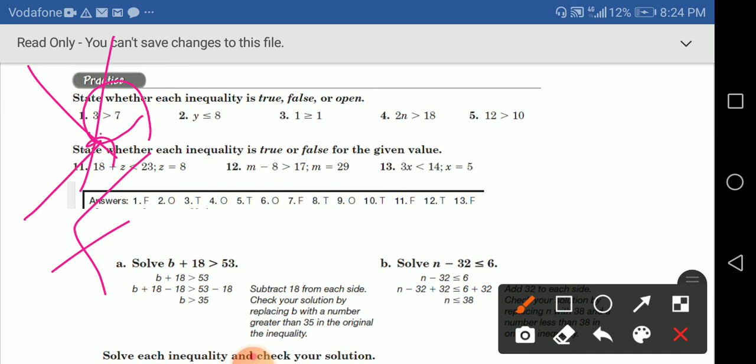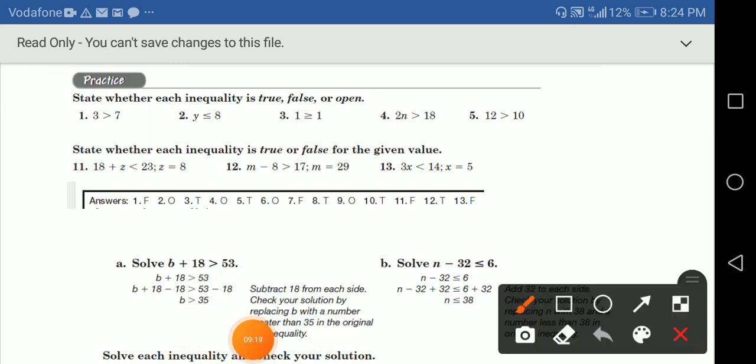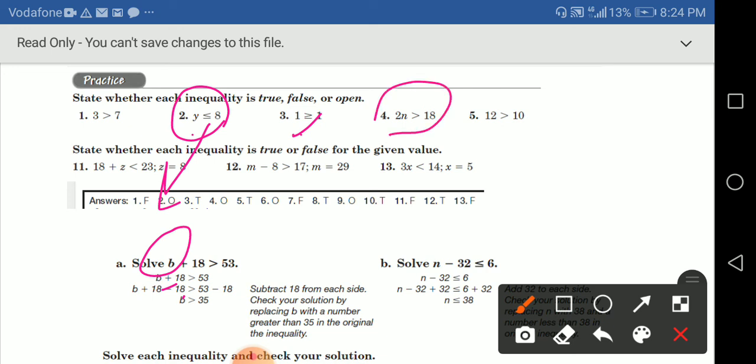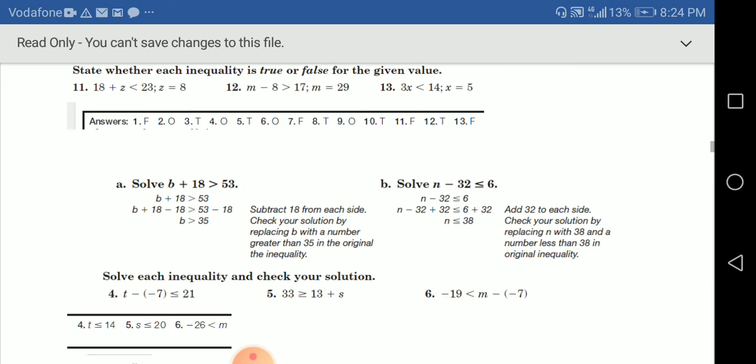Open your eyes here. y less than or equal to 8. Yes, it's open because we don't know the value of y. 1 greater than or equal to 1. Yes, it's equal to 1, so it's true. 2n greater than 18 is open. 12 greater than 10 is true. Okay, guys, easy one, I think.